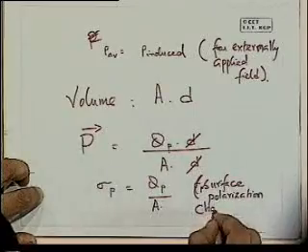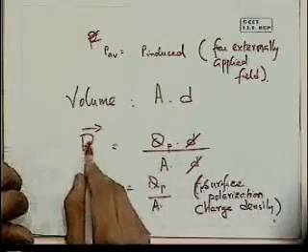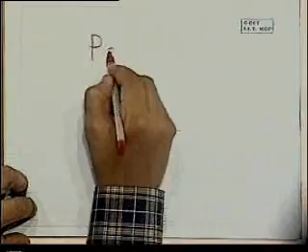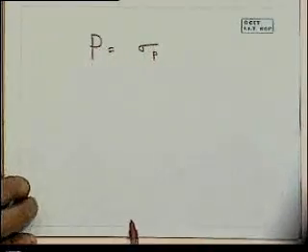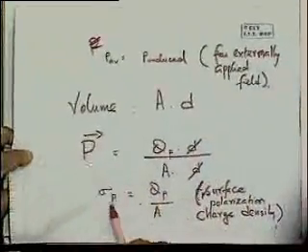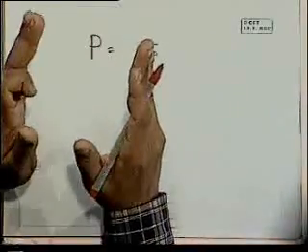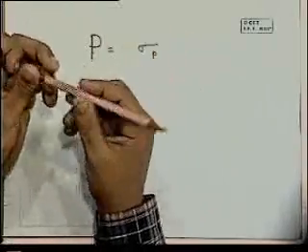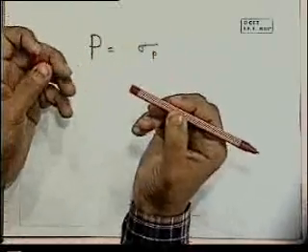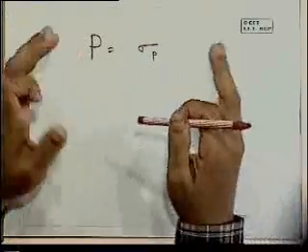So I can write that polarization P is equal to simply sigma P. In this case, when I write it as sigma P, I'm not including the direction, just the magnitude of the vector. If we are looking at a rectangular slab, the polarization vector is into the material on the negative side, and out of the material on the positive side. That's for a rectangular slab.